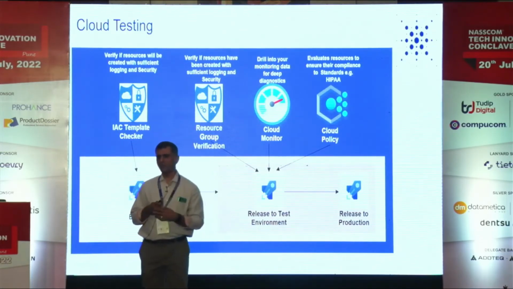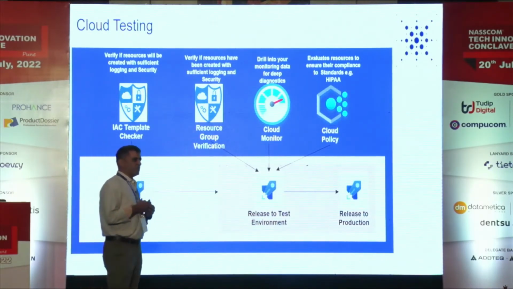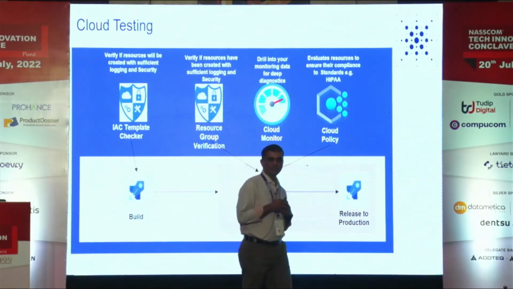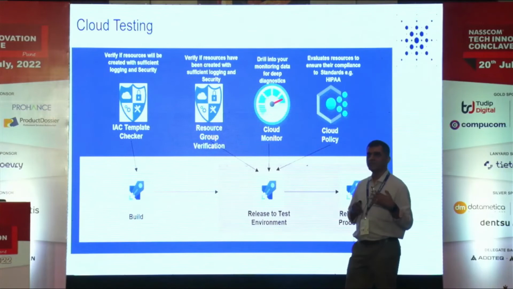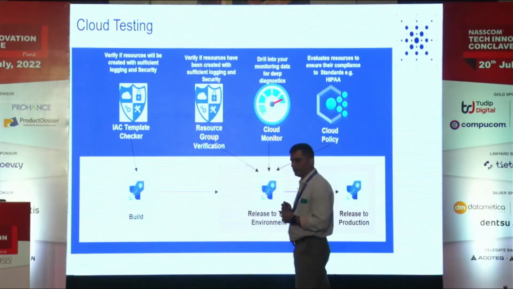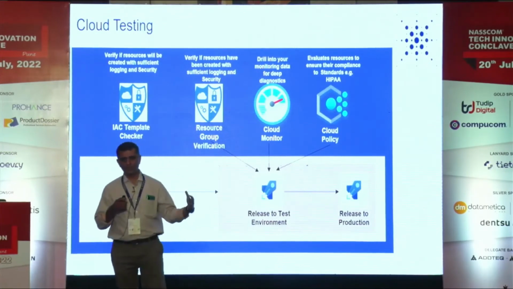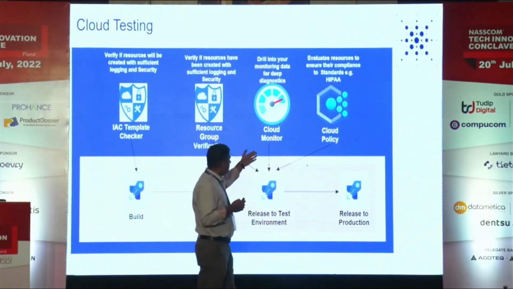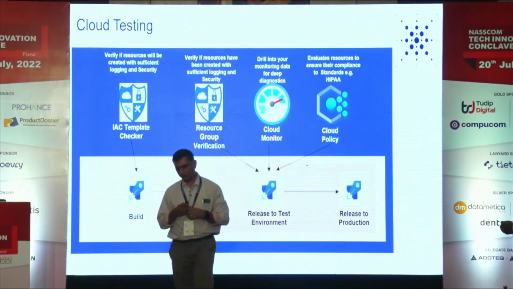Then if I take another example, in case of app service, resource group verification will tell me whether HTTPS has been enabled or not, or monitoring will tell me if there are any failed requests or not. And one more last example, virtual machine: verification will tell me, for example, if a remote connection has been restricted from the internet or not, or monitoring will tell me how is my CPU resource consumption, how is my memory consumption. And then moving to the last part, which is cloud policy.